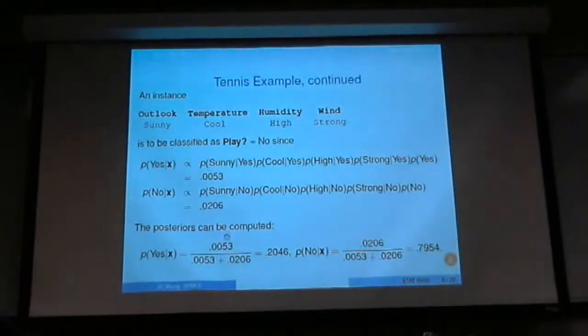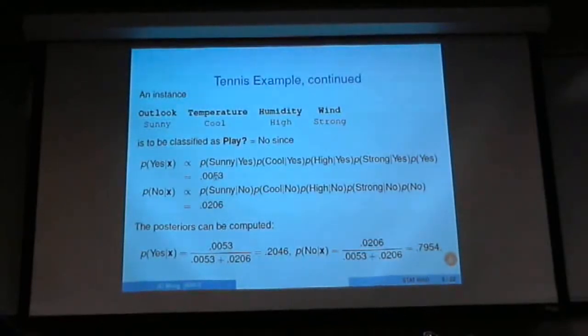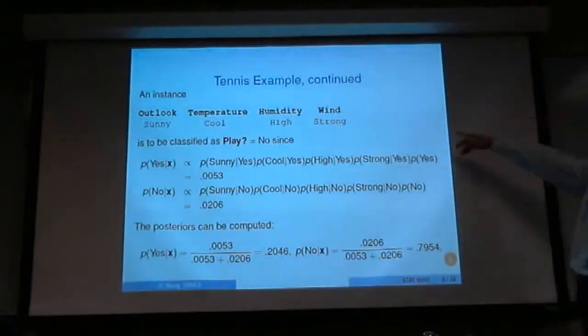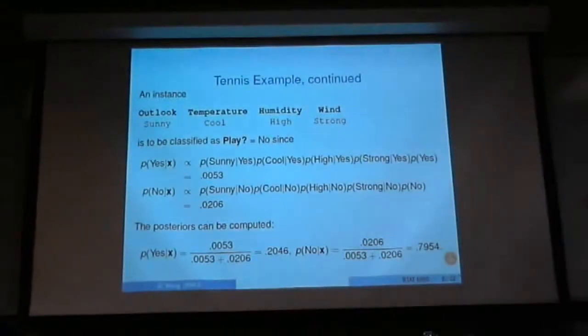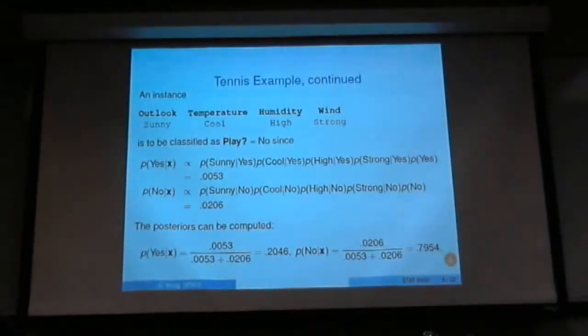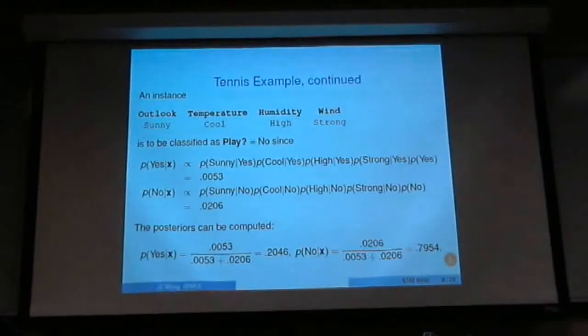To calculate the exact posterior probability, just add these up as the denominator, with this value in the numerator. So the posterior probability of no, given this feature vector, is almost 80%, so this observation will be classified as coming from the group no.